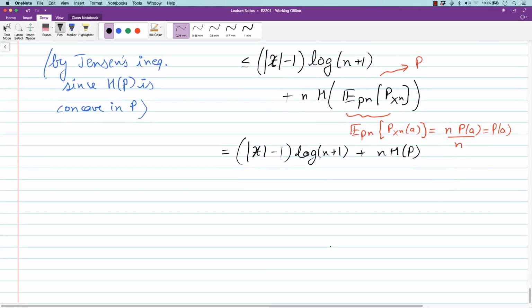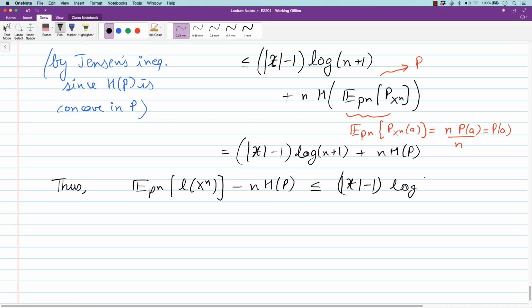So what we have shown is that this scheme, the frequency counting based scheme, which just counts the number of times each word appears and stores it that way using types, is not too much off from the optimal. It's not more than (cardinality of X minus 1) log(n+1) off from the optimal.